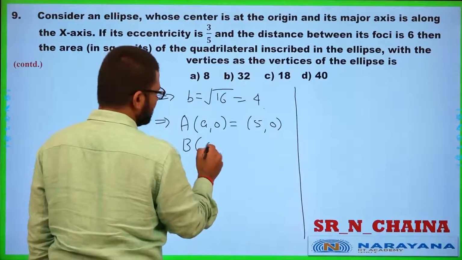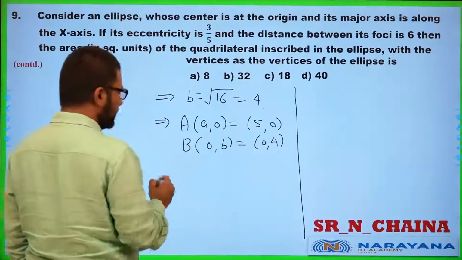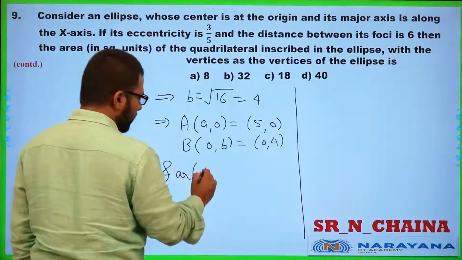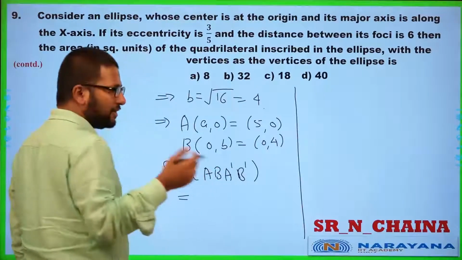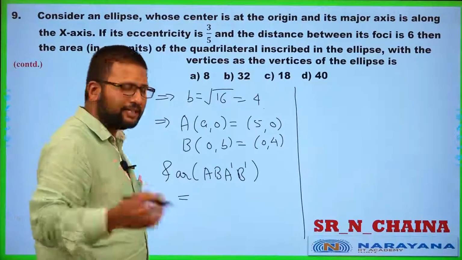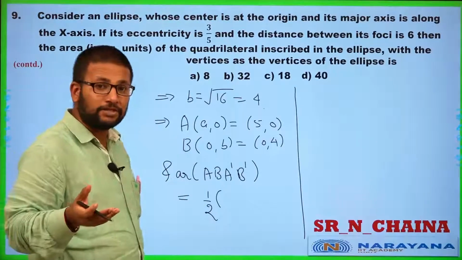Coordinates of point B, which is (0, B), is (0, 4), right? And the area of A A' B B', we know it's a rhombus, so the area of a rhombus is half D1 D2, where D1 and D2 are its diagonals, right?